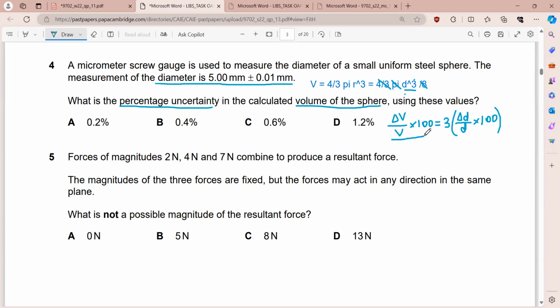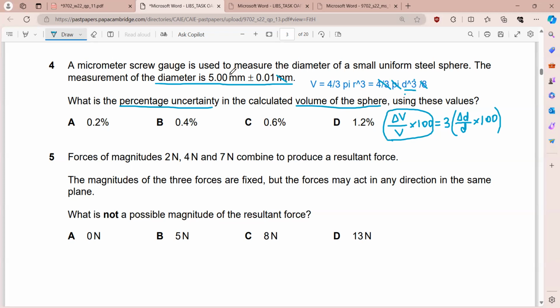So since we're looking for this as a whole, all we have to do is 3 multiplied by 0.01 divided by 5.